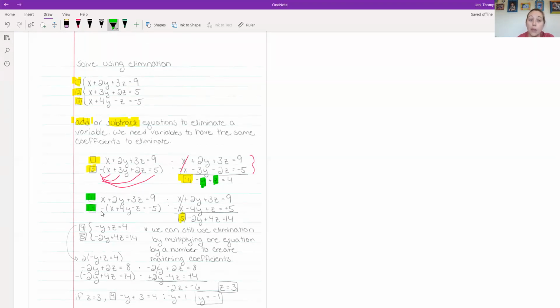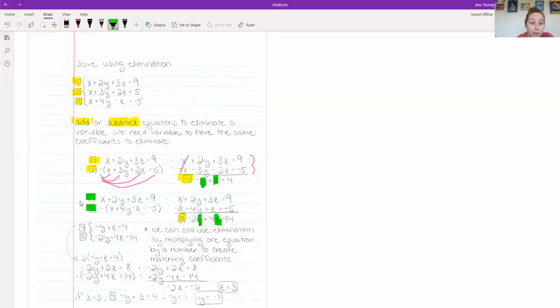But I could have picked 2 and 3 if I wanted to. That's another combination that would have worked. It'll still work. The whole point is to eliminate that same variable so that we can get the same 2 variables in our equation that we have at the end here.